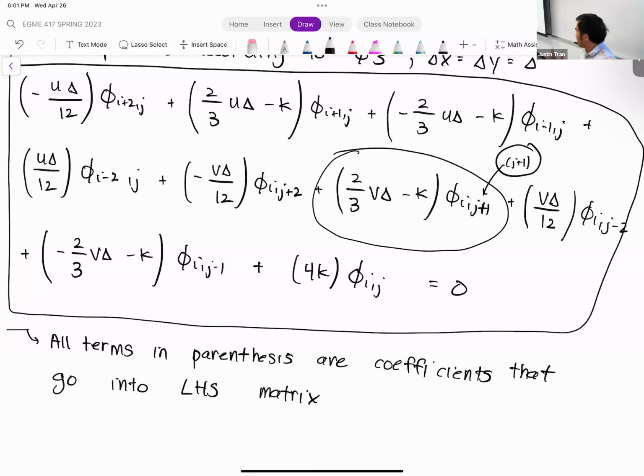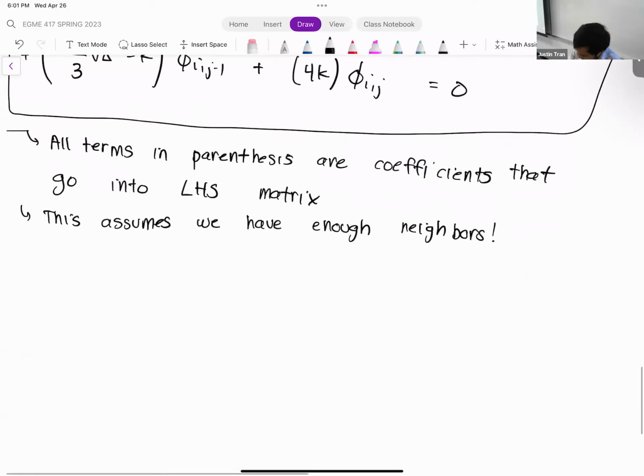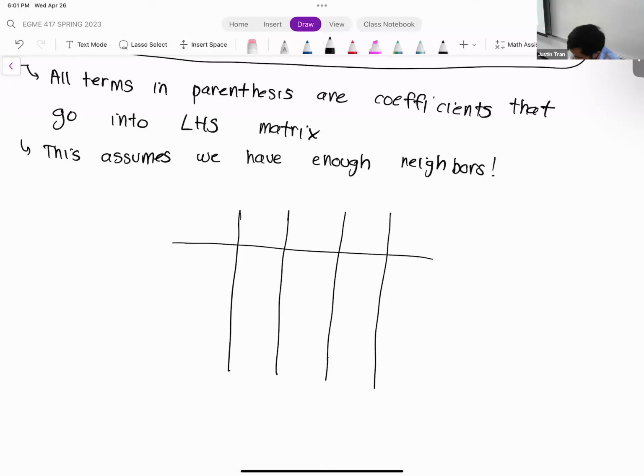So we have our neighbors' neighbors as well.